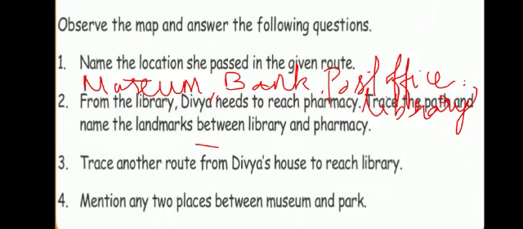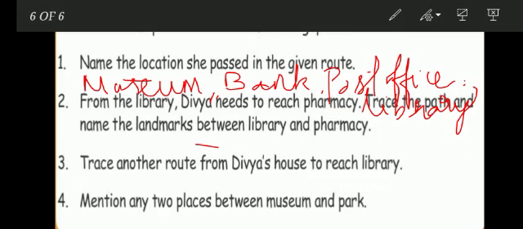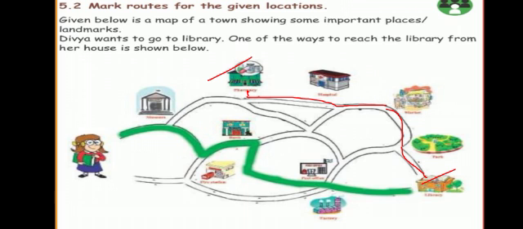Then third question. Trace another route from Divya's house to reach the library. They already gave one route. Now we find another route from Divya's house to reach the library. Third question, you listen.